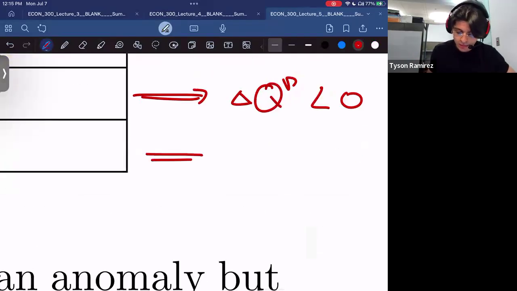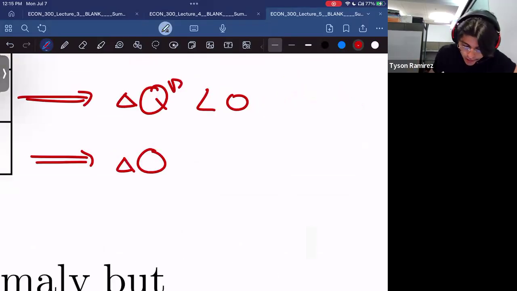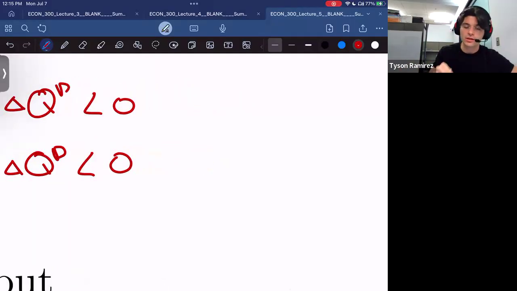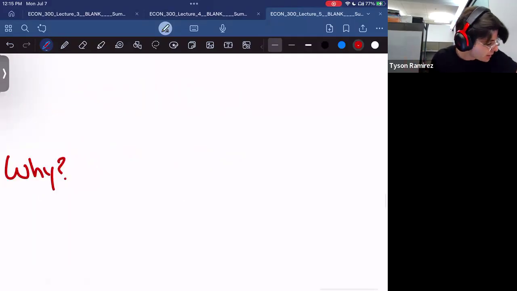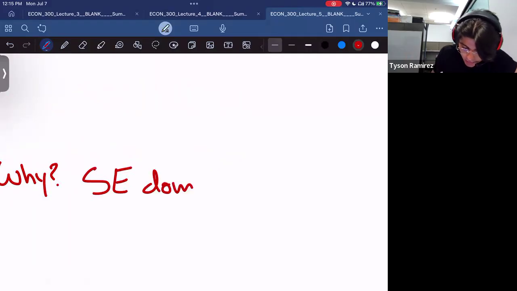So here, the change in quantity demanded, in general, is still going to be that you will decrease your consumption. Why? Because for an inferior good, the substitution effect dominates the income effect.